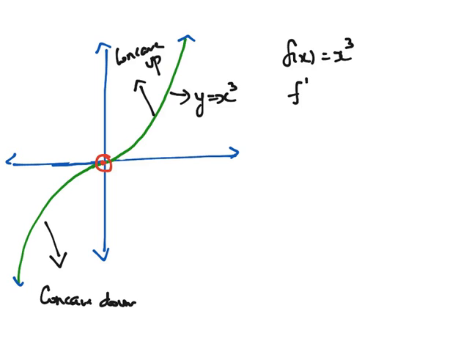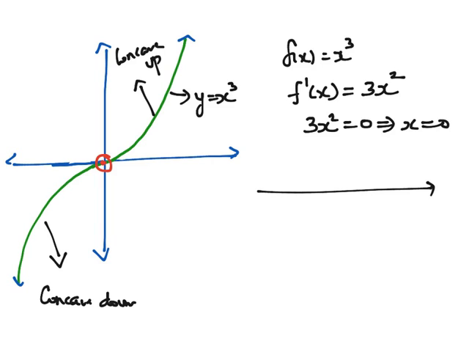So f dash of x equal to 3x squared. Now let me equate 3x squared to 0. I'll get x as 0. Let me draw the number line and let me draw 0. Now let me take a point more than 0, let's say 0.1, and substitute in the first derivative. So f dash of 0.1 is 3 into 0.1 the whole square, which is positive.